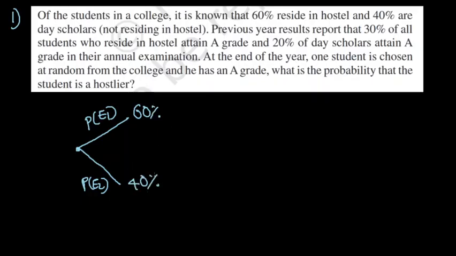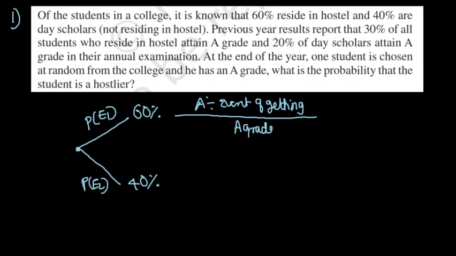Next, a previous year results report says that 30% of all students who reside in hostel attain A grade. Let us consider here A is the event of getting A grade.